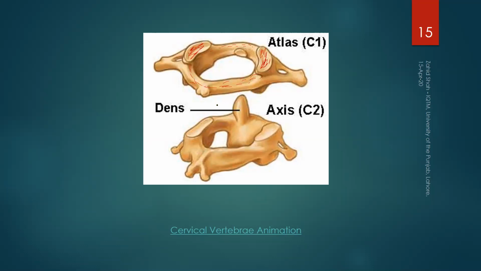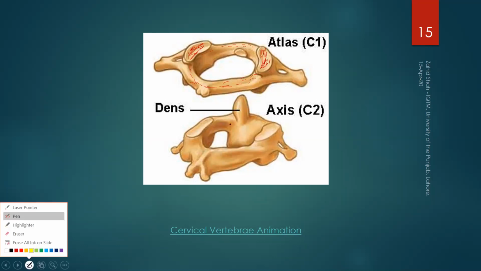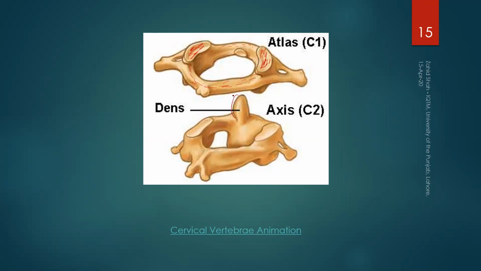Similarly, this part of the C2 vertebra, that is axis, moves inside this atlas C1, and this joint helps you to rotate your head in, for example, clockwise or counterclockwise direction.